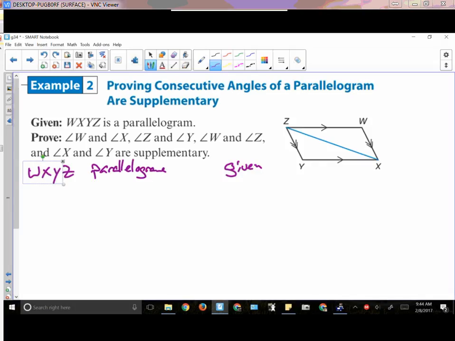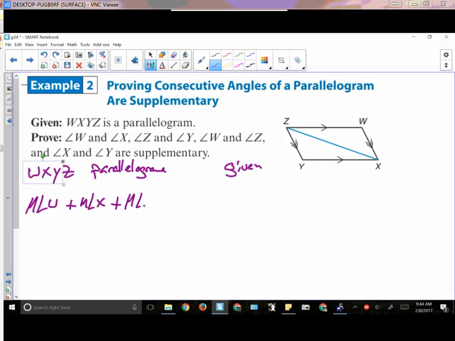So if I know that they're 90 degrees, and I know that there are four of them, what must those angles do? Add up to what? 360, yeah.